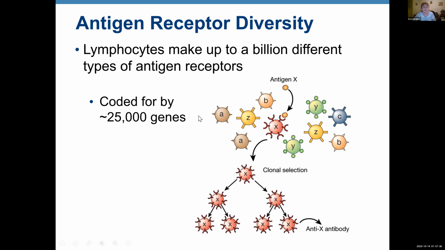Now, antigen receptor diversity. Lymphocytes make up to 1 billion different types of antigen receptors, and they're coded by 25,000 genes. So over here, all these cells can be B cells, for example. So look at all these B cells, and they all have different receptors, like billions of different receptors, to make sure that any antigen that enters your body, any bacterium, any other pathogen, you would have a B cell that has a specific receptor for this specific antigen, right?